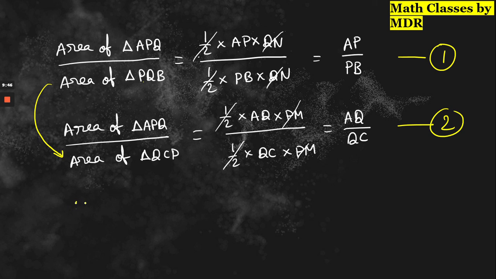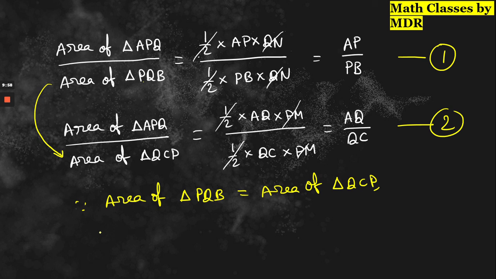Therefore, since the area of triangle PQB is equal to the area of triangle QCP, we can say that AP by PB is also equal to AQ by QC.